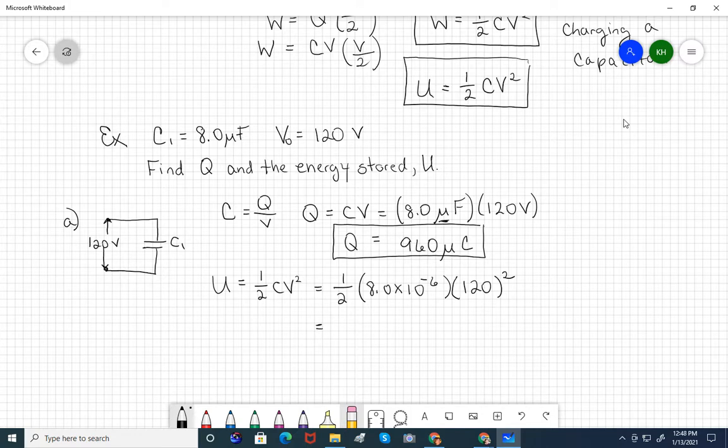I put that in and I find out that the energy stored is 0.058 joules. So pretty easy so far.